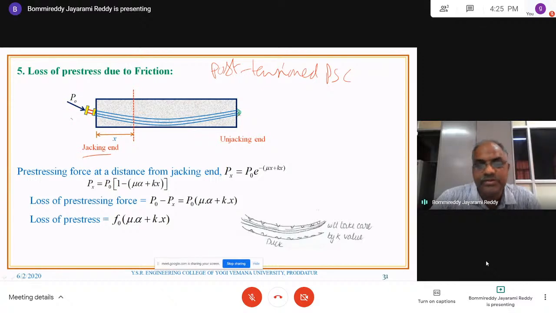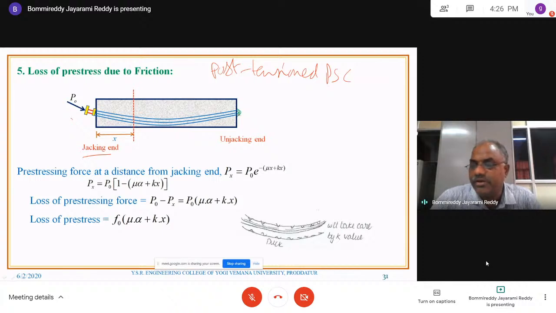While applying the tension to the cable, what is going to happen? The cable is very close in contact with the surrounding concrete. There is a small movement, because an increment of the length is possible, and because of that, frictional resistance will be induced.